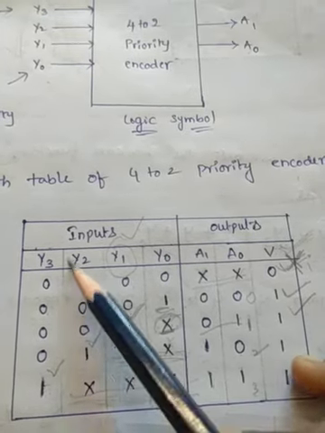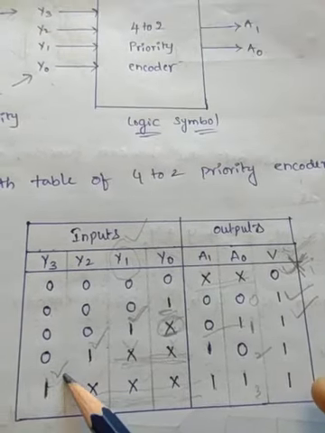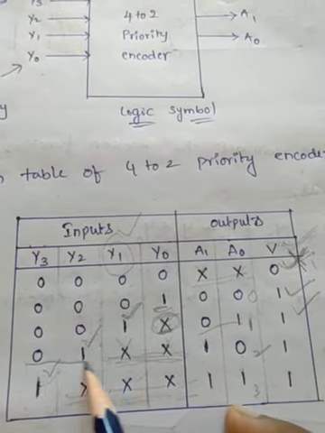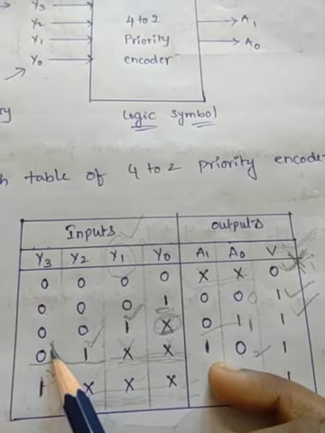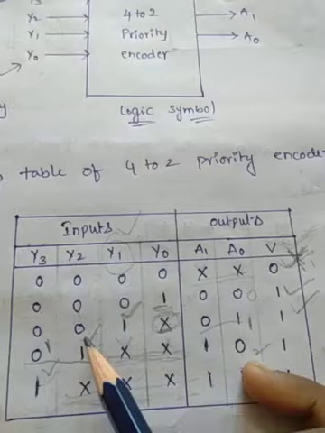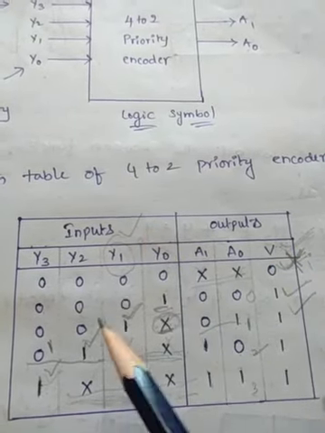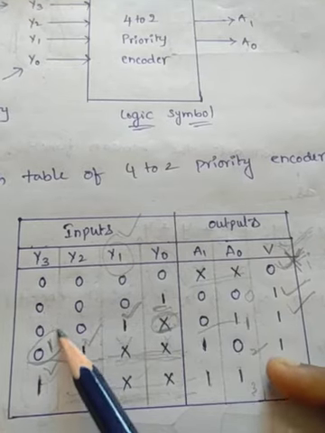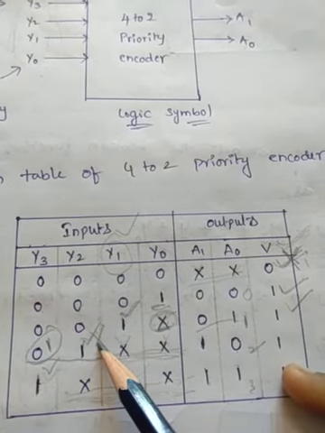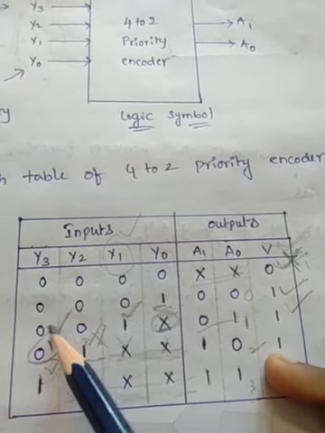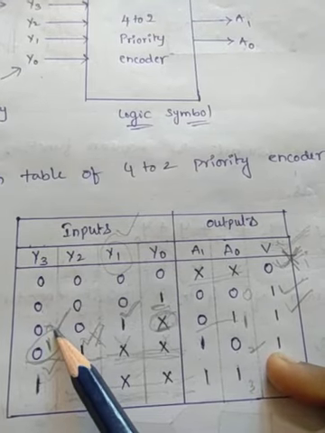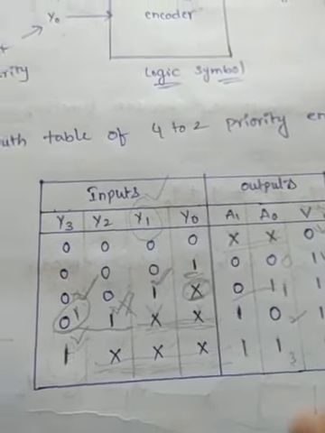For example, in this case y3 is high and y2 is also high, and the priority encoder will serve y3 only. It doesn't consider y2 since y3 has the highest priority. So this is the logic of the priority encoder.